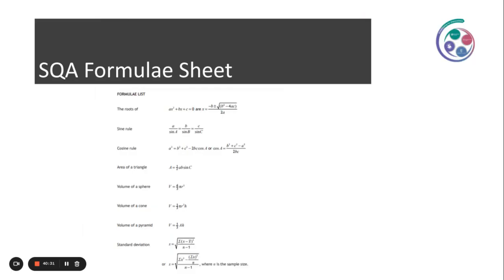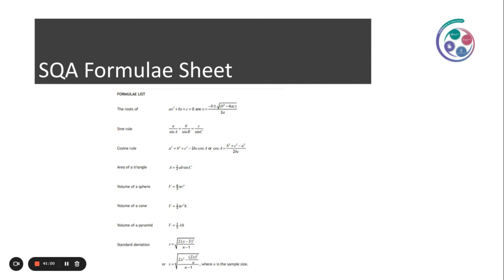We're almost at the end of this session, so I would just also like to draw your attention to the formulae sheet that you get for your final exam. Remember to use it, remember to refer back to it. It is helpful, even if it just allows you to collect your thoughts. Go back and look at it, even if you feel that you know the standard deviation formula off by heart.